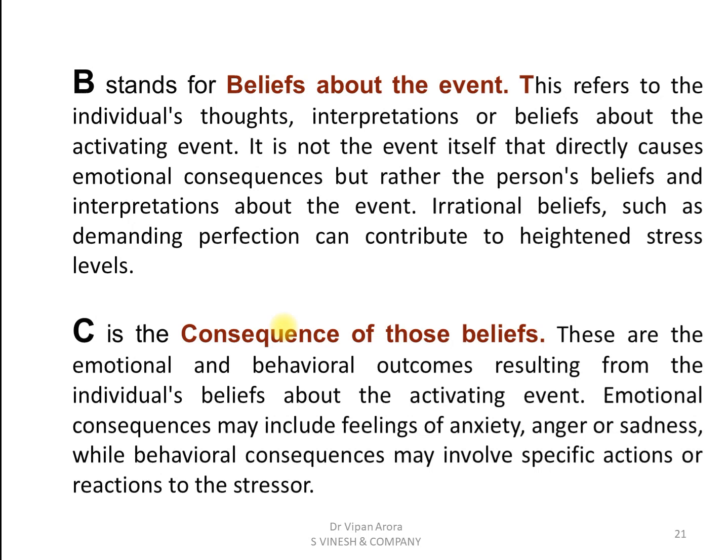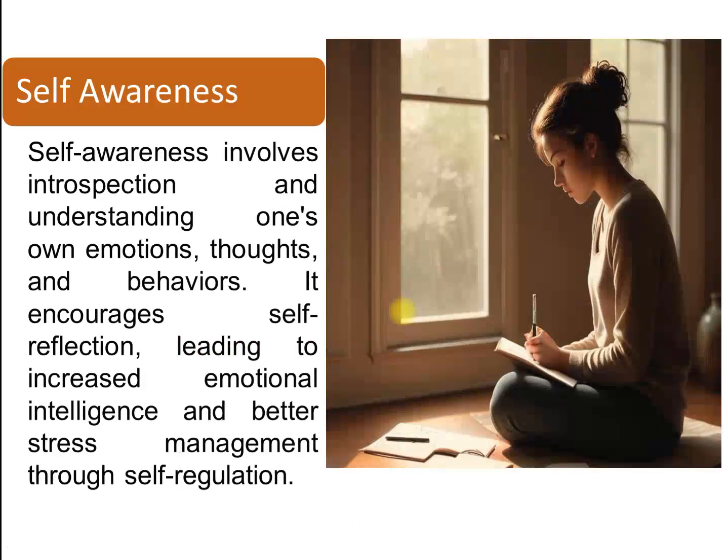What are the consequences? Emotional and behavior outcomes. From where? From individual beliefs, B. About what? About the A activating event. That's why it's the ABC model. Emotional consequences may include feelings of anxiety, anger, or sadness, while behavioral consequences may involve specific actions or reactions to the stressors.